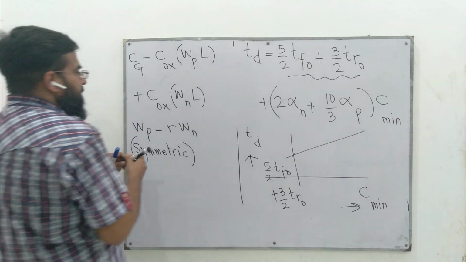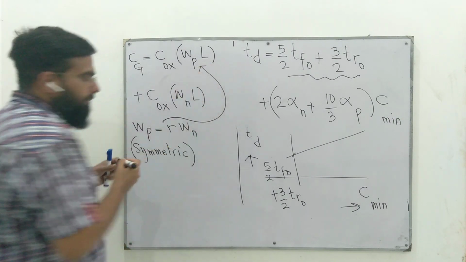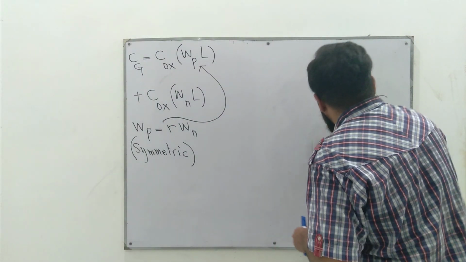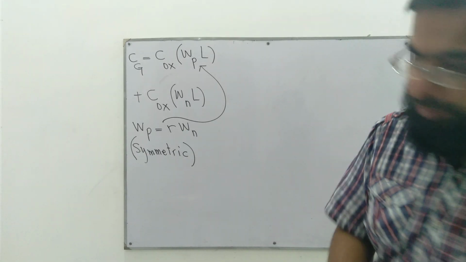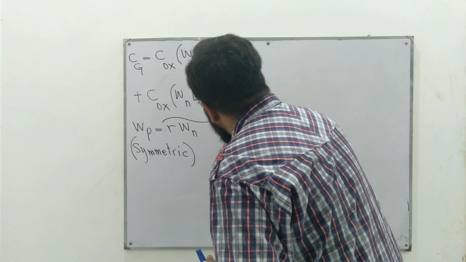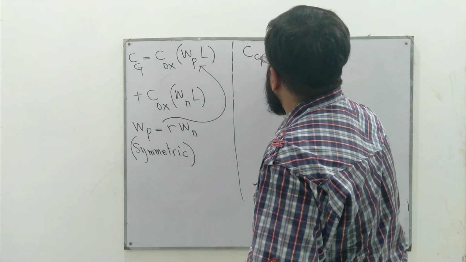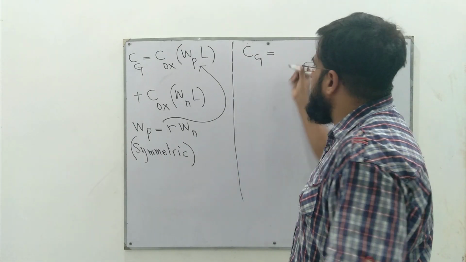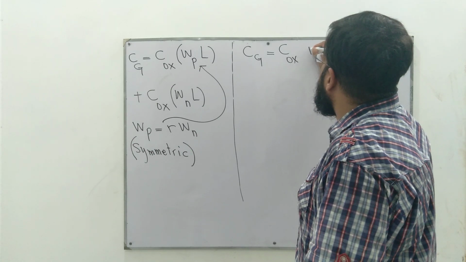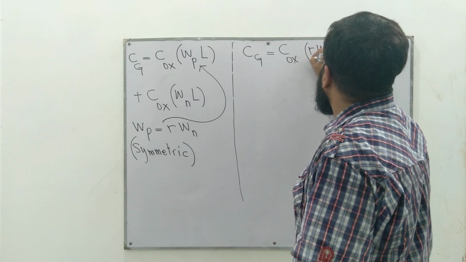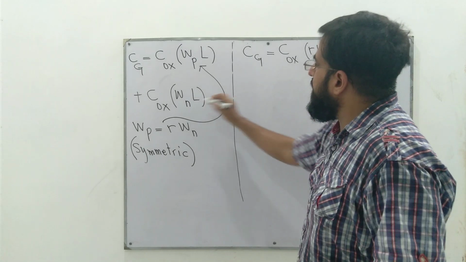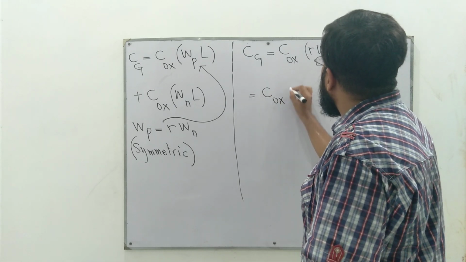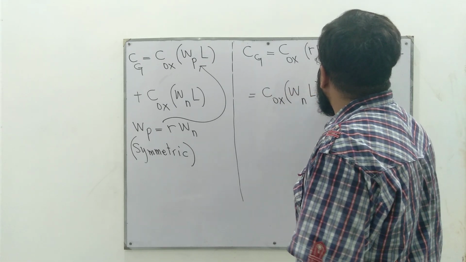So if you put R times WN here, the new value of Cg, the input capacitance, the standard input capacitance, C minimum, in case the gates are symmetric, is C oxide R times WN times L plus C oxide WN times L. This is C oxide WN times L, times R plus 1.